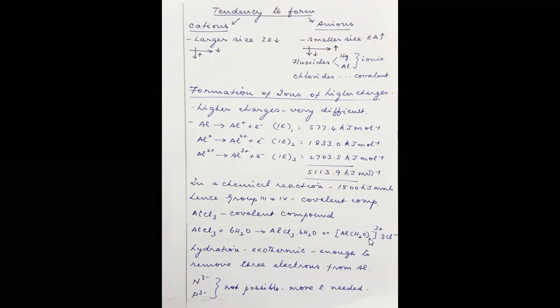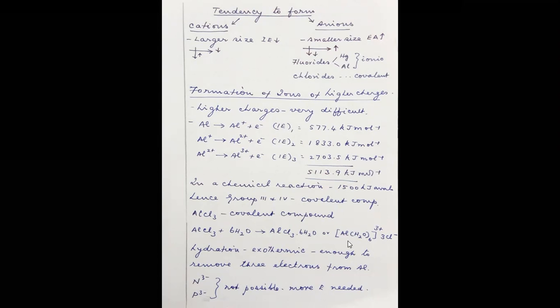If you closely watch this structure, it proves that aluminium is present in the 3 plus oxidation state because the water molecule is a neutral ligand. In higher secondary itself, you might have studied what is a ligand, what is a central metal atom.